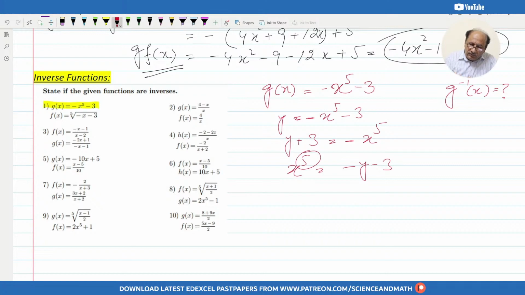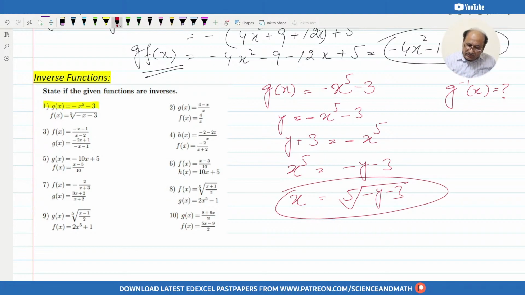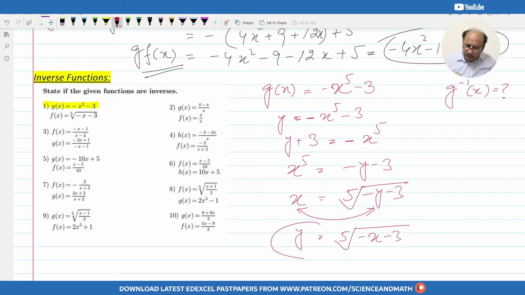And now to get rid of this power 5, we can take the fifth root on this side. So this will be the fifth root of minus y minus 3. After making x the subject, we swap x and y, and we get y is equal to the fifth root of minus x minus 3, and this will be your answer, which we can write as g inverse of x. So this is your answer.